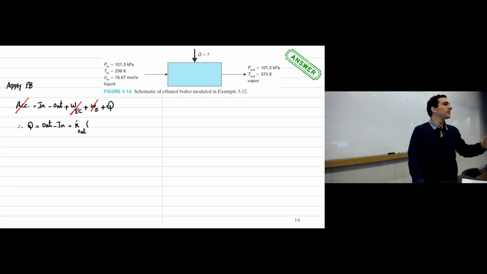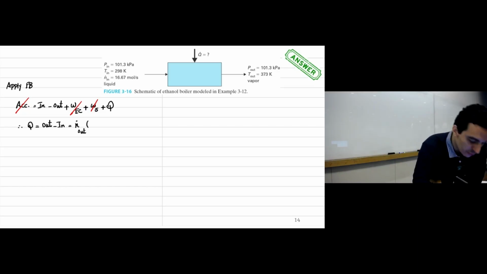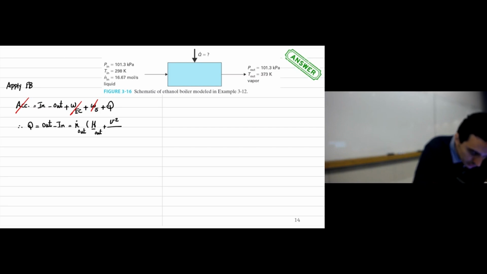So this will be the molar enthalpy of the outlet plus kinetic energy of the outlet plus g h out, minus the inlet molar flow rate times the molar enthalpy of the inlet plus inlet velocity term plus g times the inlet height.